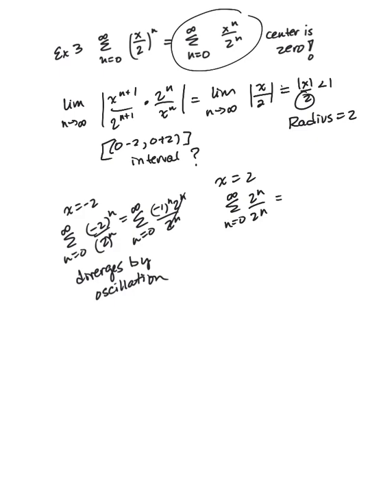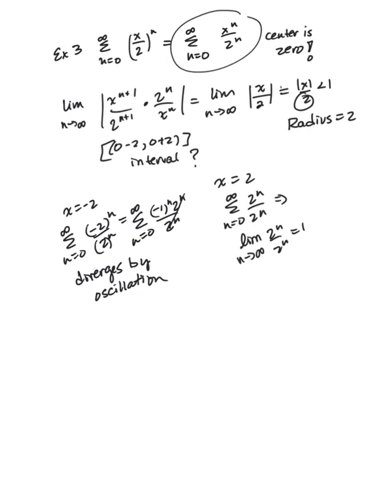So what's going to end up happening here is you're going to just have an infinite sum, right? So we could just say the limit of 2 to the n over 2 to the n equals 1. And then we can say that this series diverges by the nth term test for divergence.